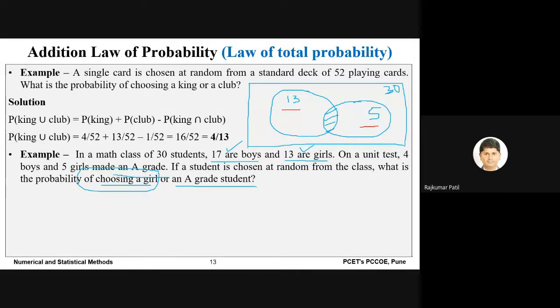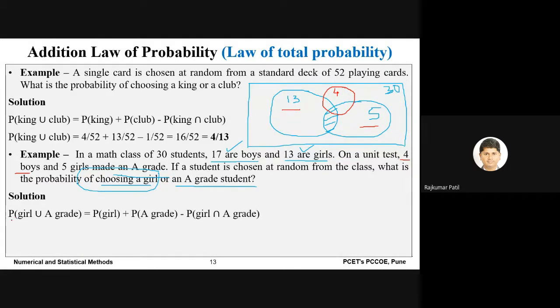But at the same time, there are 4 boys who also received A grade. So this is another area which represents 4 boys who received A grade. Such type of complexity you will observe here, and accordingly you have to simplify.